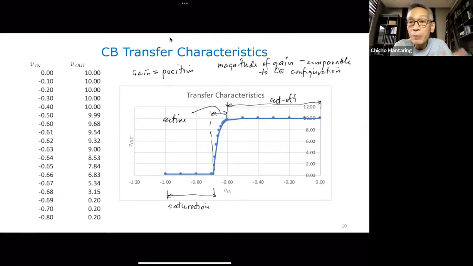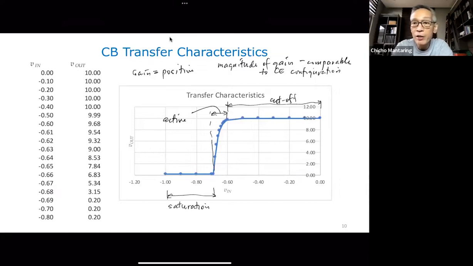So your common base and your common emitter configuration have just about the same magnitude of the gain. Your common emitter has a negative gain, your common base has a positive gain. So those are some of the reasons why you might choose one over the other.